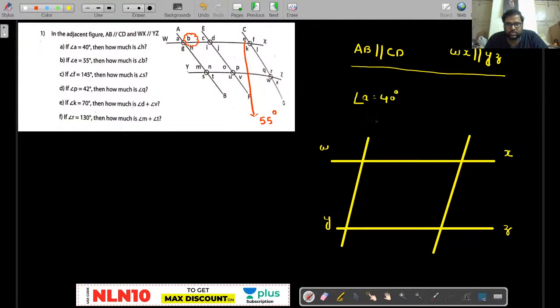So this is A, and this is B, this is C, and this is D. According to the question, I will change the pattern there. Now the second question asked is angle E is, now where is angle E? Now see here, angle E is here it seems. Angle E is 55 degrees. Now the question asked is angle B.